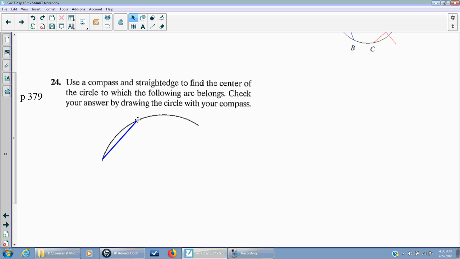Now what we want to do is to construct the perpendicular bisector of this chord, because the previous theorem said that when you have the perpendicular bisector of a chord, it goes through the center. So to construct a perpendicular bisector, let's see if I can do it. I've got to get my goofy compass out of here.